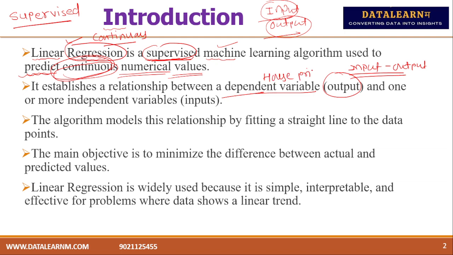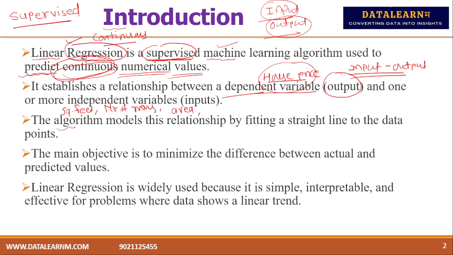So house price is my output. Okay, and what can be the independent variables or inputs? There may be square feet, the number of rooms, number of bathrooms, area, on which floor it is. Like these things will affect the price. So price is my output, which is a single one, and there may be one or more independent or input variables.